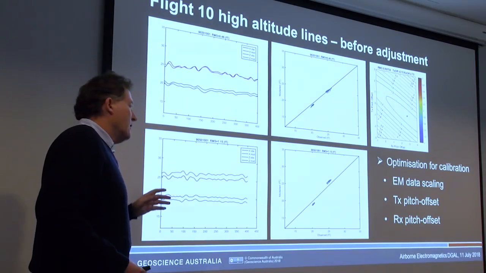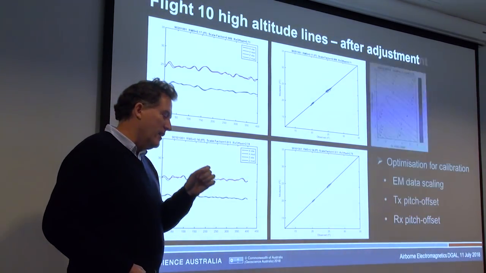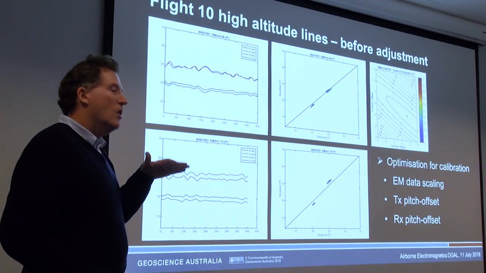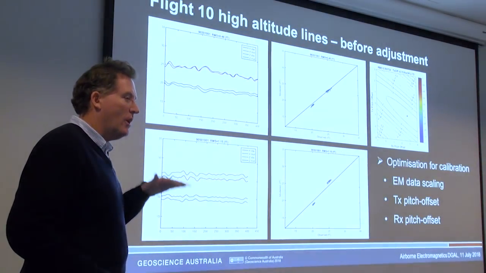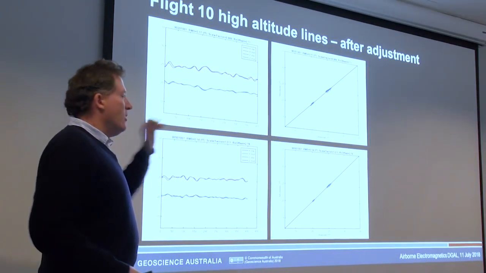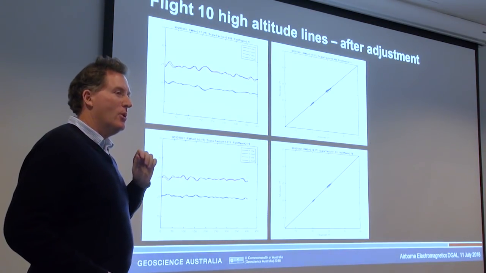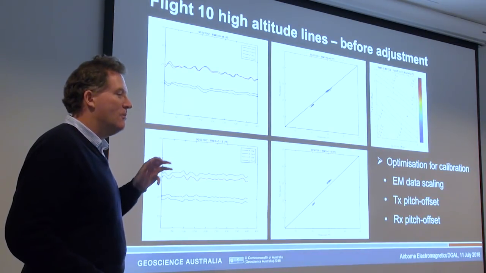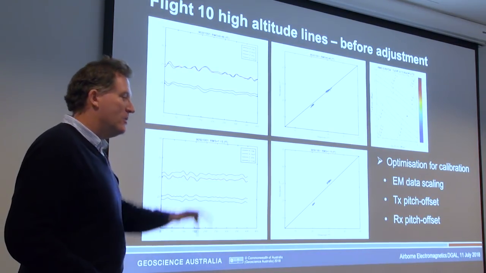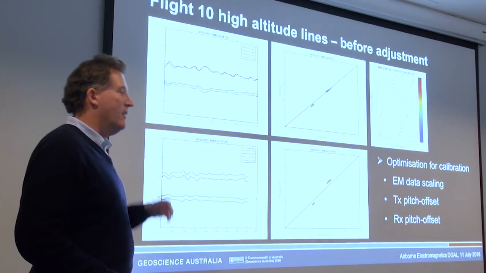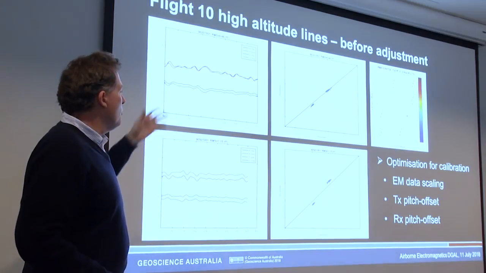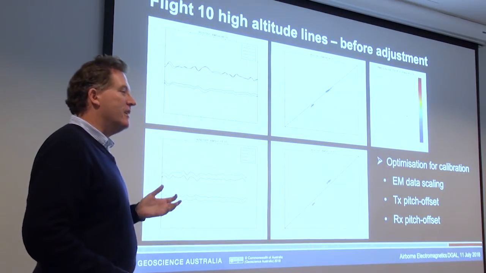So in this particular example, now that we've got that information on the bird, we are able to do more accurate modelling. At high altitude, we should be able to model the primary field measured by the system. Because there's no Earth that we don't know about when we're a kilometre above the ground, we can forward model what we expect to see.